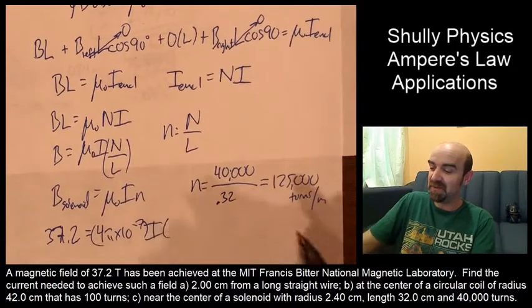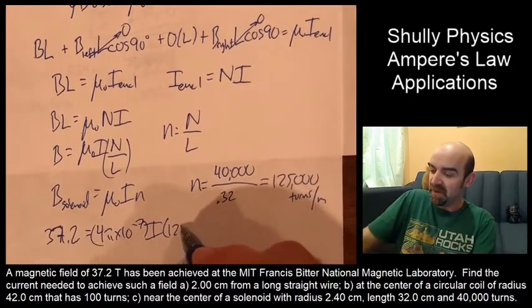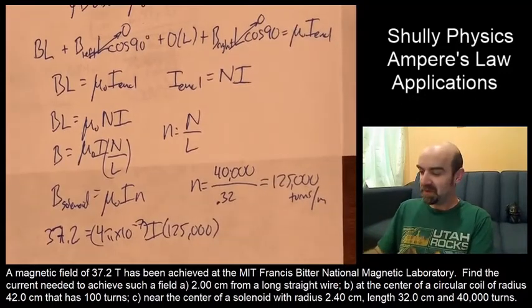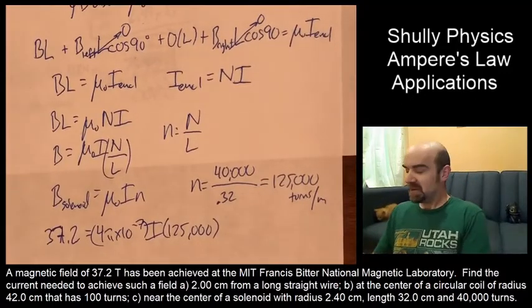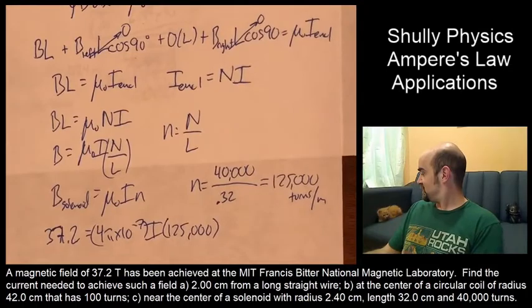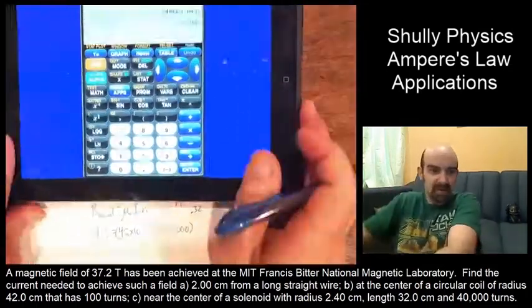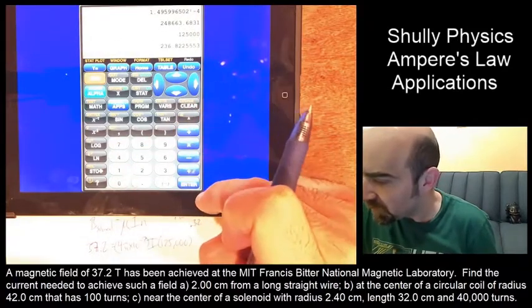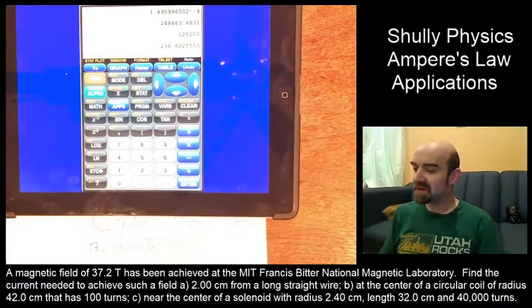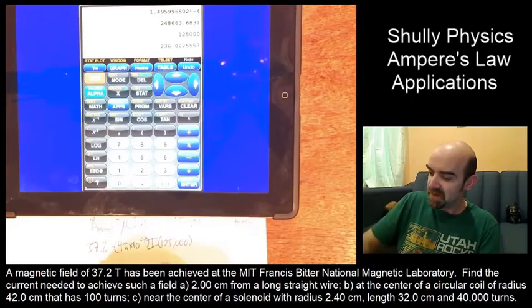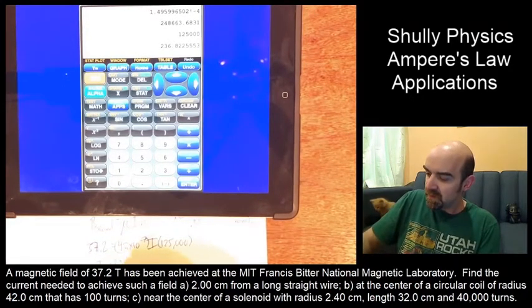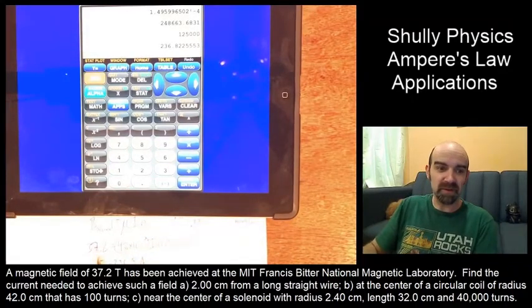I is what we're looking for. And we're going to plug in our n of 125,000 turns per meter. And we get 236.8 amperes, and I really should use 3 sig figs.